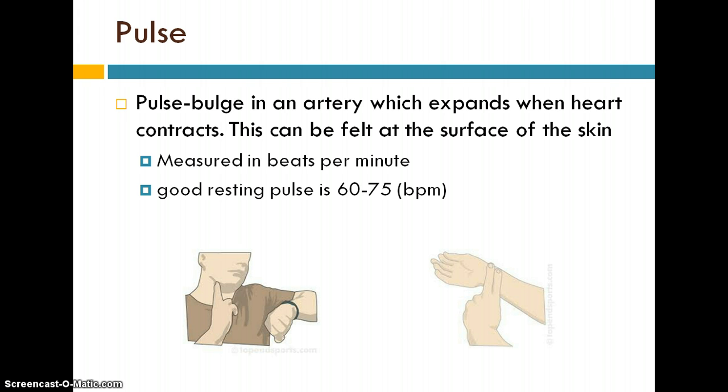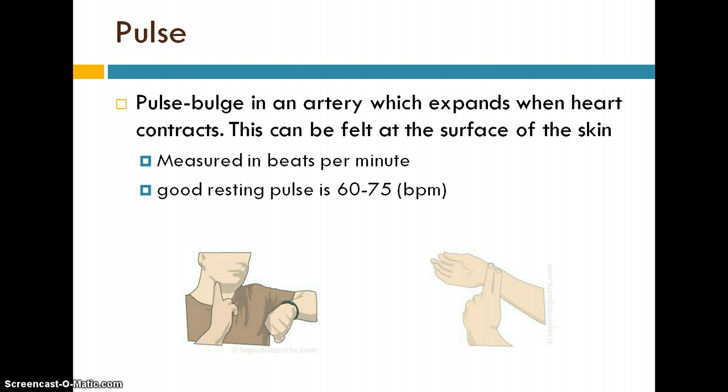And then very closely related to blood pressure is our pulse. Now, our pulse is not measuring the pressure at which the blood pushes against the artery walls, but just how many times a minute it does that. You can measure pulse in your carotid artery or in your radial artery in your wrists, but there are actually a lot of places around your body where there's a strong pulse through arteries near the surface of the skin.